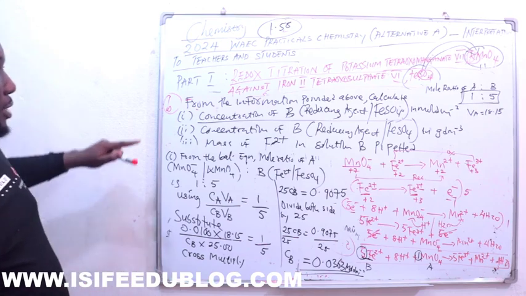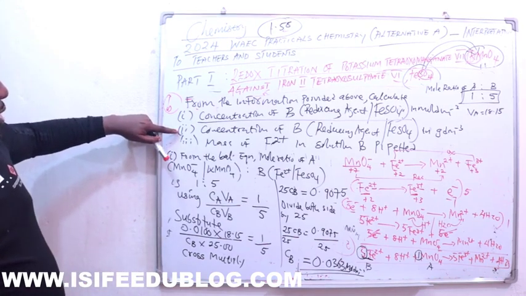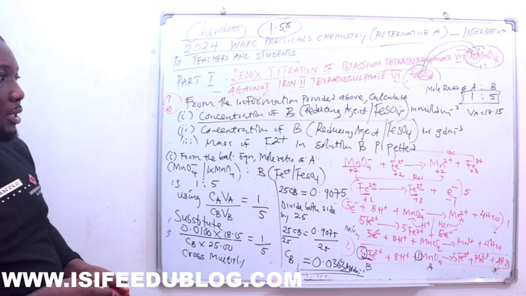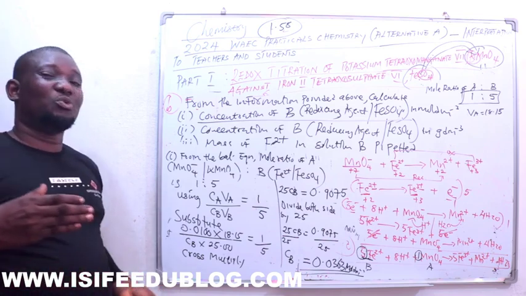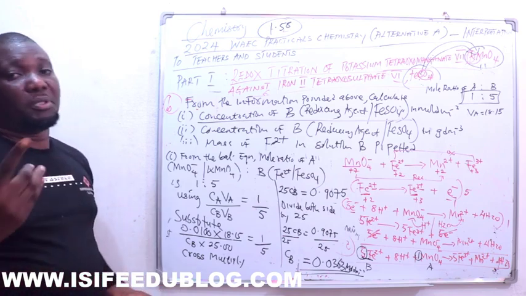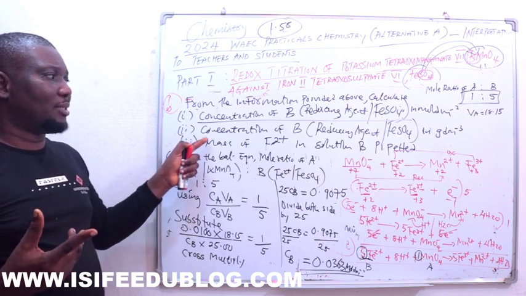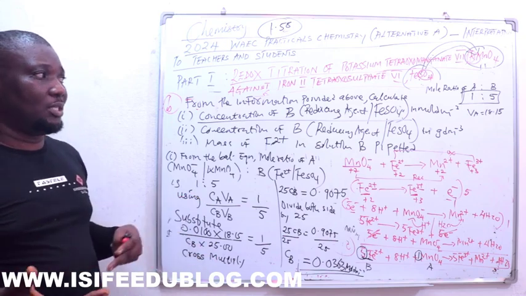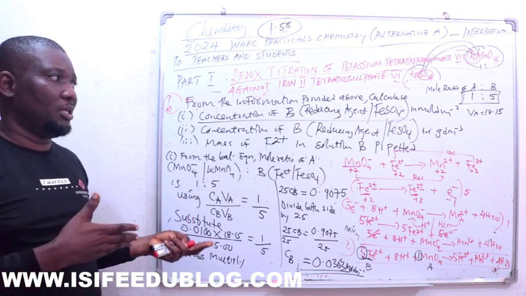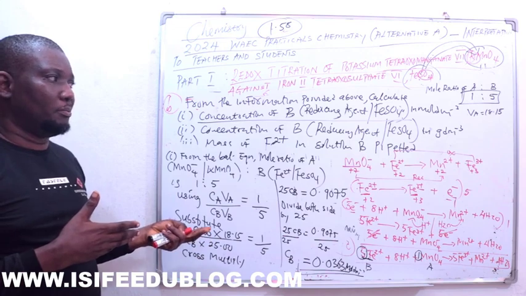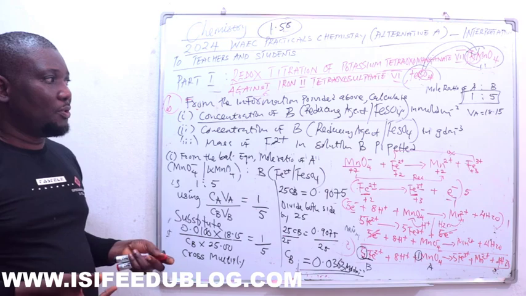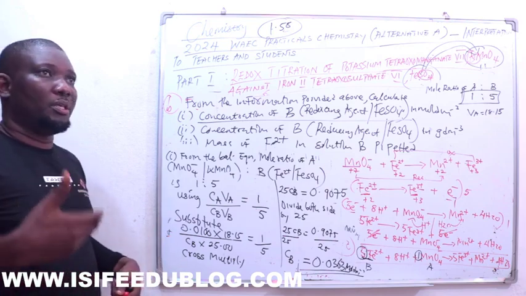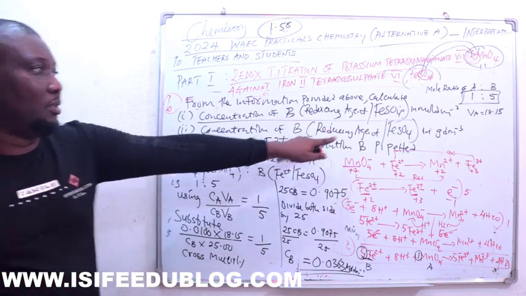Okay, now next we're going to look at the concentration of B in gram per dm cubed, since we don't actually know that concentration. Sometimes the examiner will ask for this with a different formula, maybe asking for the value of X, where solution B is X gram of this.